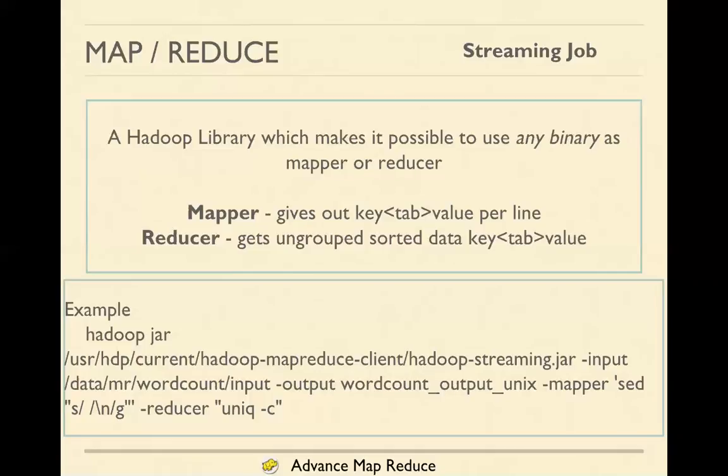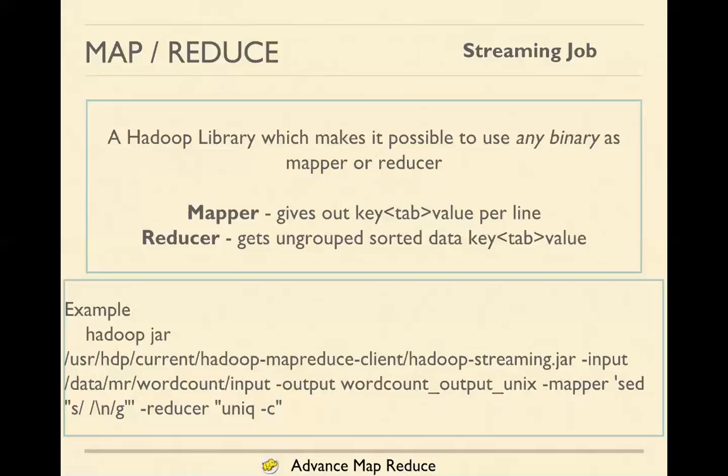Your program, what you call the mapper, should read the input from standard input line by line, and then it should give out the key-values onto the standard output. There are three streams in Unix: one is called the input stream, another is the output stream, and the third is the error stream. When your program reads what you type from the keyboard, that's called the input stream.